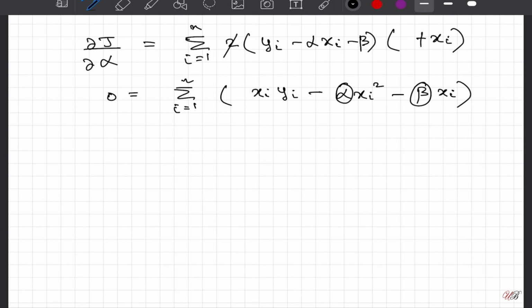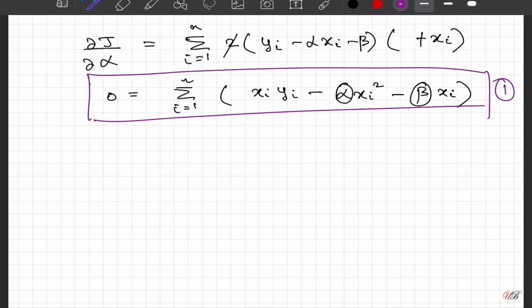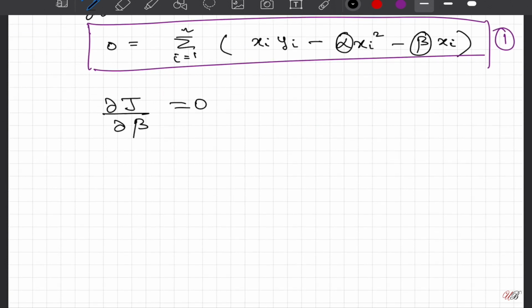So now we will make use of the second equation. This will be our first equation, so I am putting it in a box. This will be very important as we go forward. The second equation is the differentiation of the cost function with respect to beta, equated to 0.